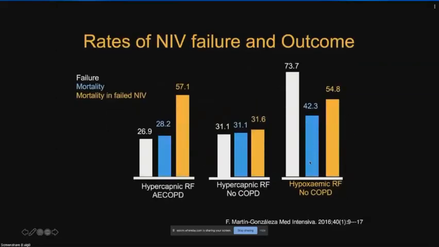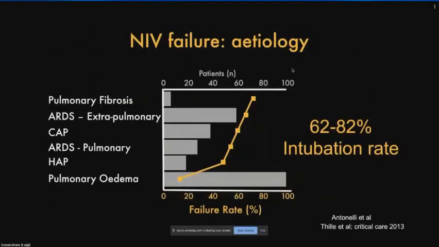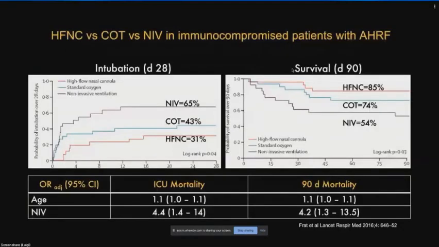And on the right-hand side, you can see the mortality in blue, and the mortality if NIV failed in yellow. And clearly the failure rate is quite elevated in hypoxemic respiratory failure. And this is all data from Massimo Antonelli, and you can see the intubation rate can be quite substantial.